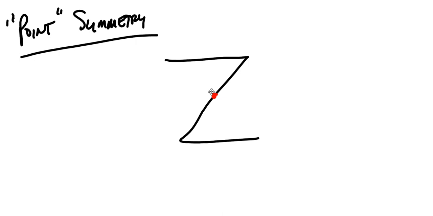So point symmetry is a special kind of symmetry. It is a rotational symmetry of 180 degrees. It's a special name for a special kind of rotational symmetry.